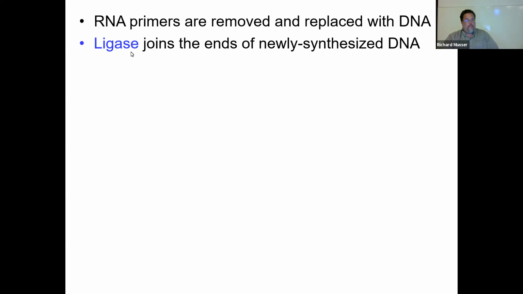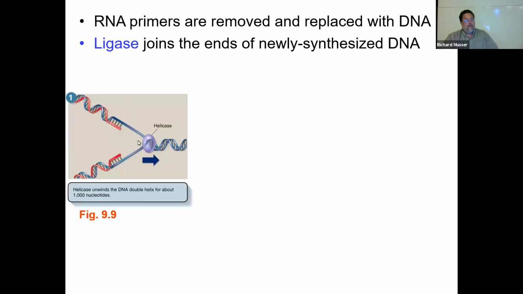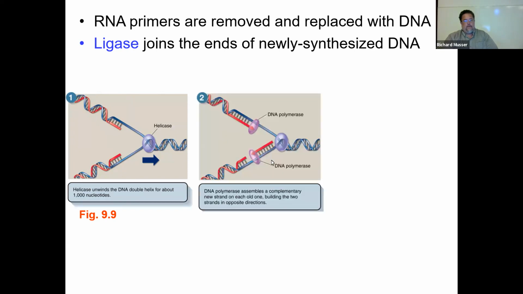There's another enzyme that will join the ends of the newly synthesized DNA back together. So as helicase is unwinding the DNA, the leading strand is getting new DNA in, and then the lagging strand is getting its DNA. And then you can see the DNA polymerases are at work.